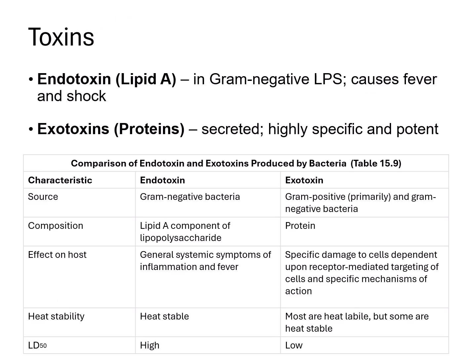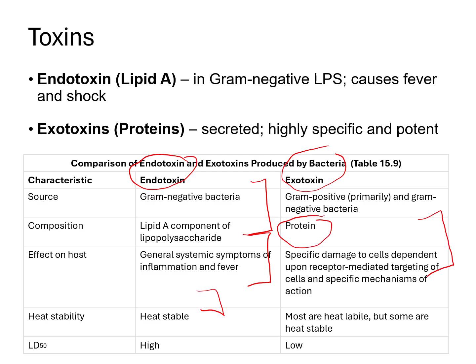All right, let's compare these side by side, endo versus exotoxins. Endotoxin comes from that outer membrane of gram-negative bacteria and can cause systemic inflammation. It's also heat stable. Exotoxins, in contrast, are secreted proteins, mainly from gram-positive bacteria, that act on specific target cells, and they are heat sensitive.